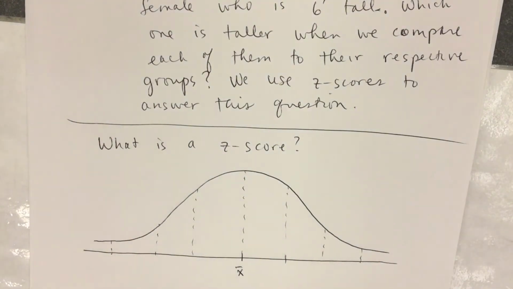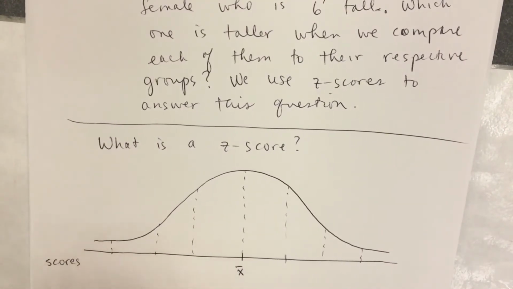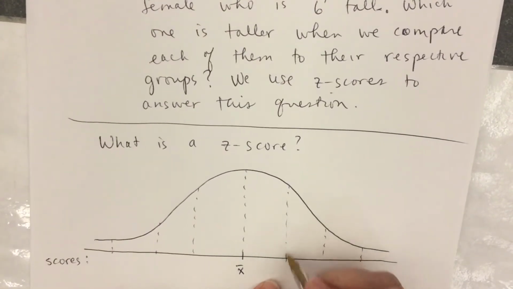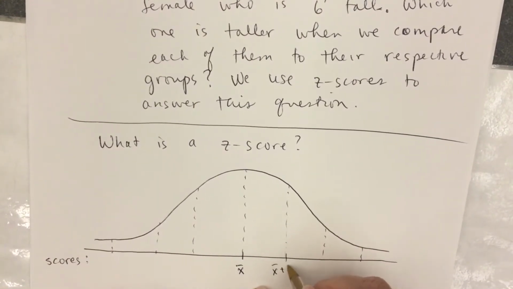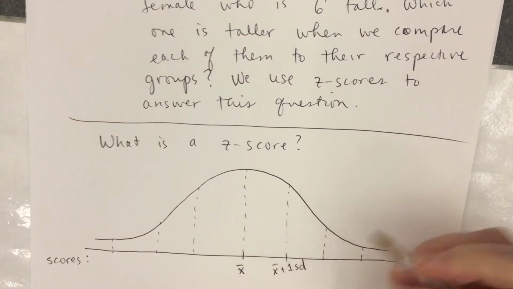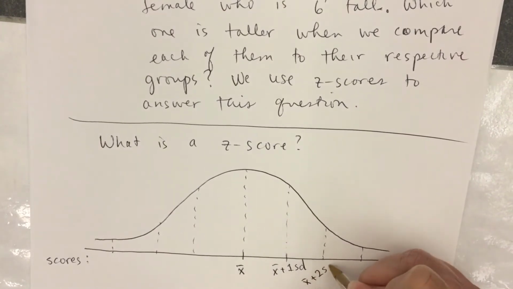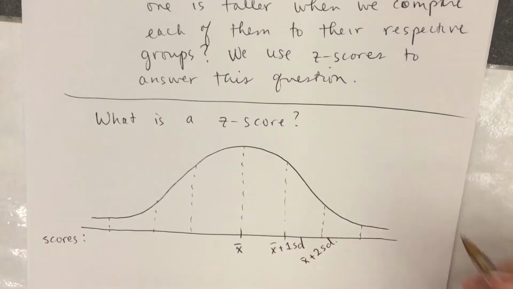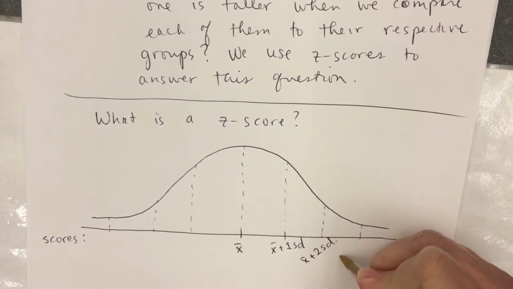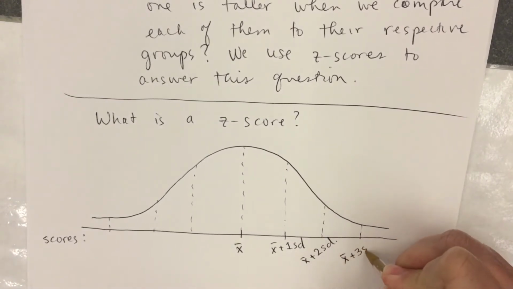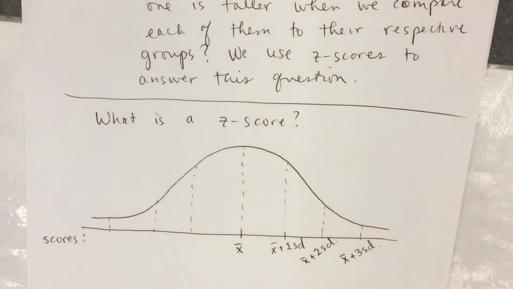On that place where I wrote x bar, this would be the scores, whatever they are. X bar, 1 above would be x bar plus 1 standard deviation. 2 standard deviations above is x bar plus 2 standard deviations. 3 standard deviations above is x bar plus 3 standard deviations.